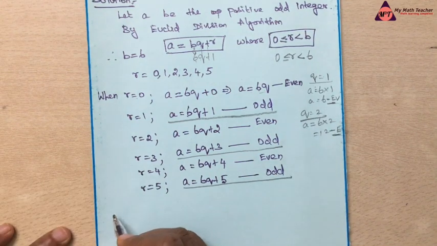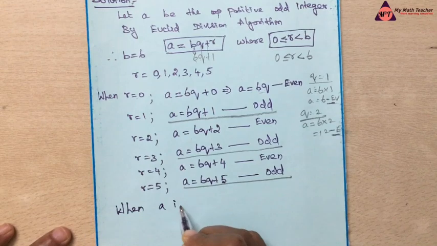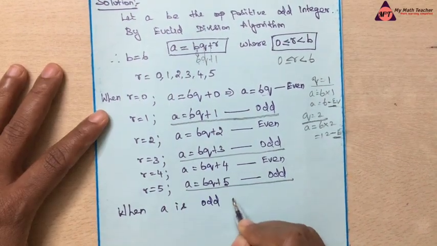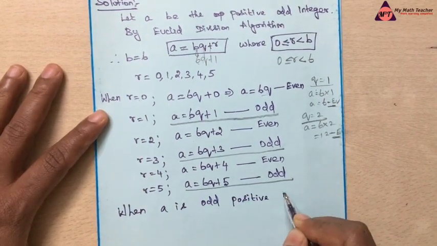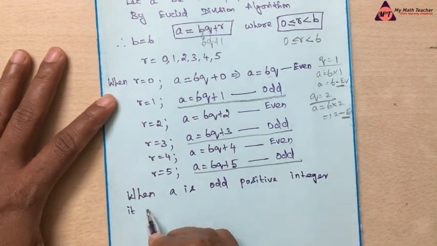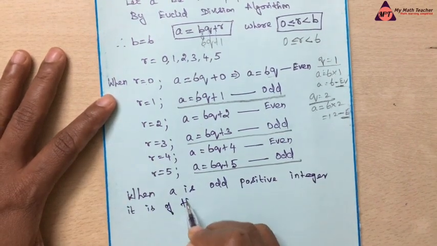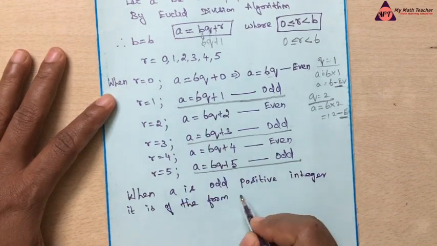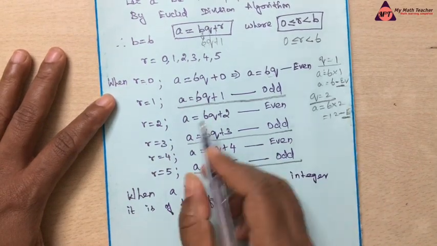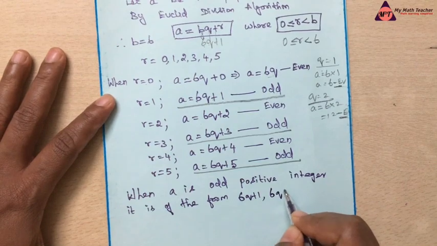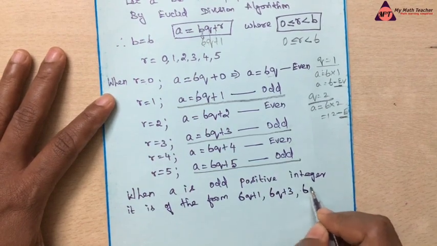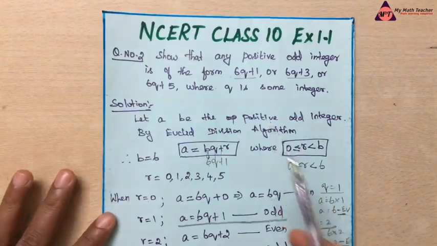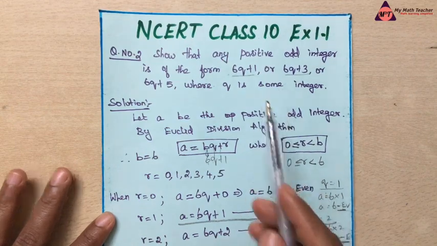Therefore, we can say that when a is odd positive integer, it is of the form, which form? The first one 6q plus 1, the second one 6q plus 3, the last one 6q plus 5. So that is what we have to prove here.